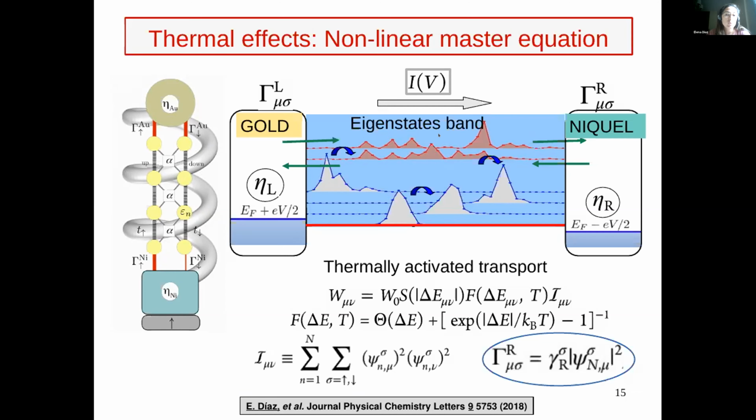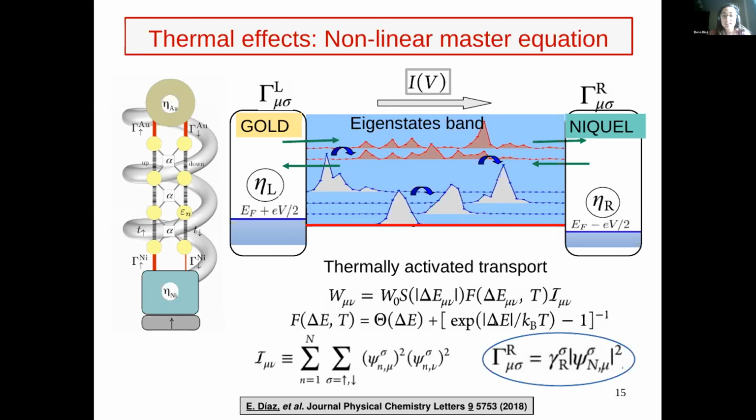And these hoppings will be activated thermally. So these rates, these W's, will depend on the spectral density, which is this S, and also on this function F, which contains the occupation number of the lattice mode, depending on temperature. And also these rates are proportional to the overlap, this capital I, between two different eigenstates.